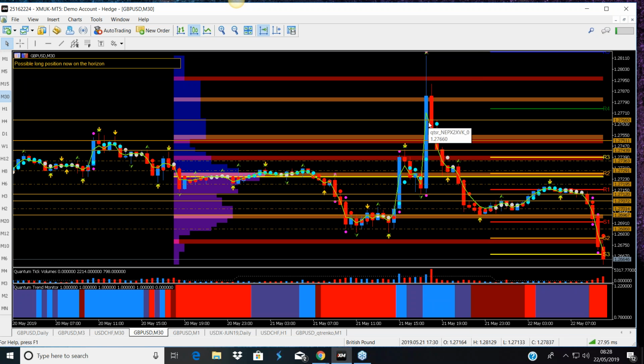Now, because this was at around 4 o'clock as well, towards the end of, I think, the fix had happened, or after the fix, as it were, when we were going into just the New York session, it goes back into the spread of the candle. And as I wrote on Facebook, what the volatility candle also does is give you another level of support and resistance, so that you can judge if the original move is going to carry on higher, or is it going to break to the downside?